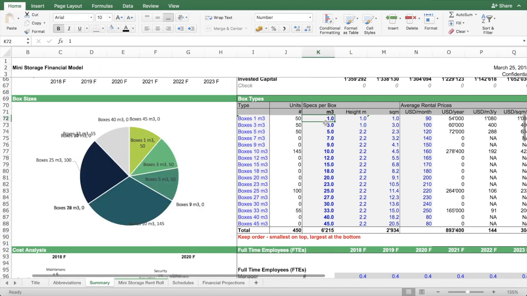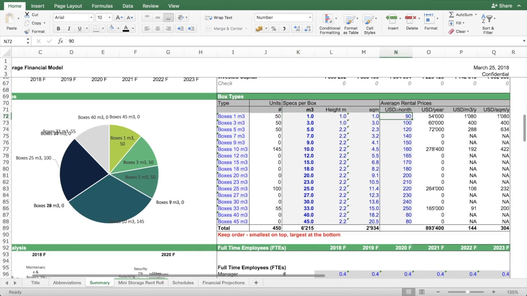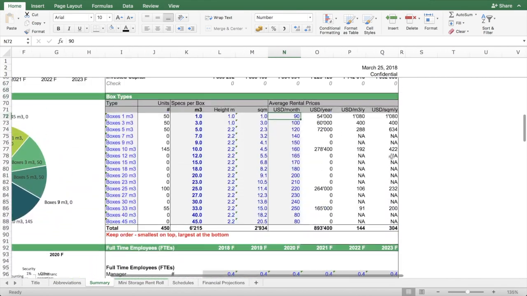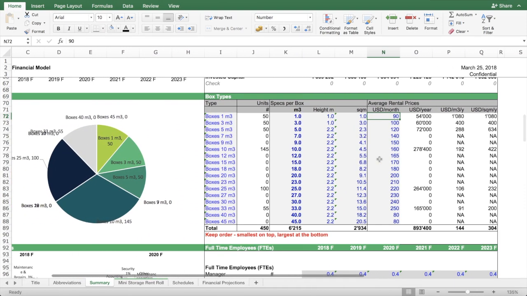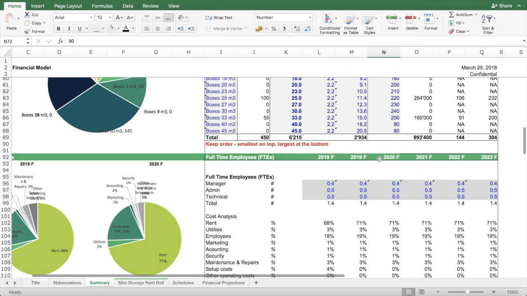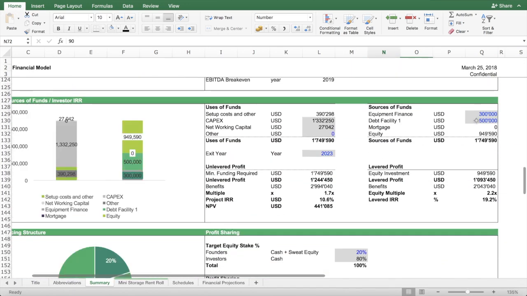If you have here the different boxes you want to rent, you can try different pricing models, and see how that works for the project. And you can also play around with the debt financing structure and optimize this so that you have a reasonable basis to talk to your bank.